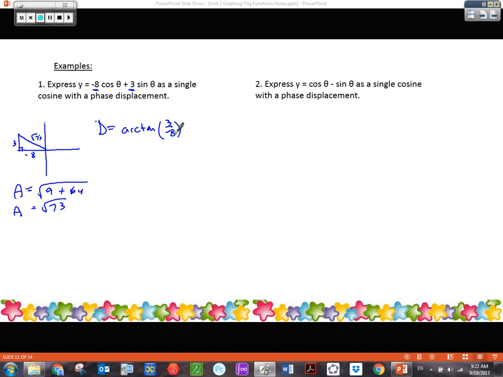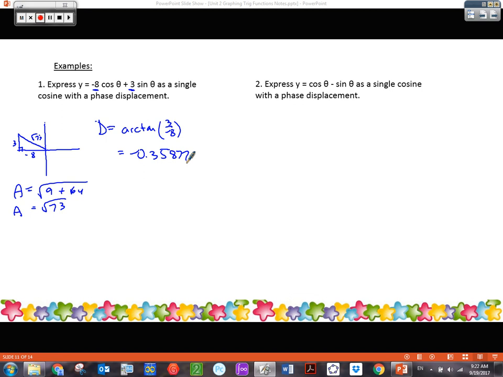Now this, of course, is not a unit circle value. We would have our calculator on a problem like this. So we put this in our calculator. And what our calculator is going to give us is -0.35877. Okay, so we stop and we think, what quadrant is that in?